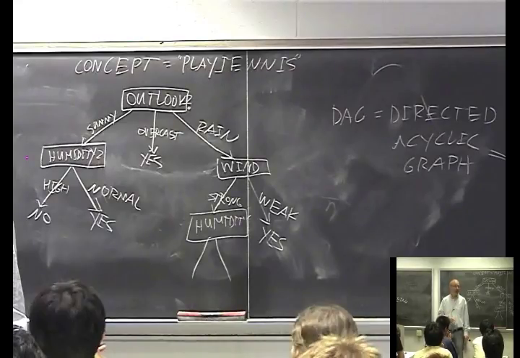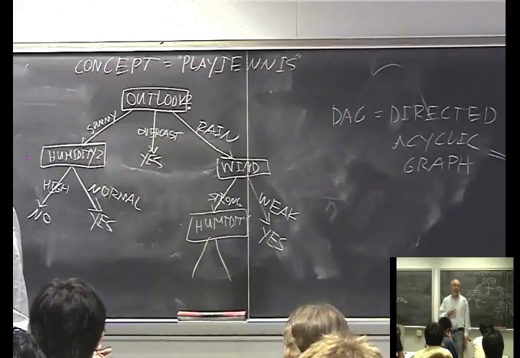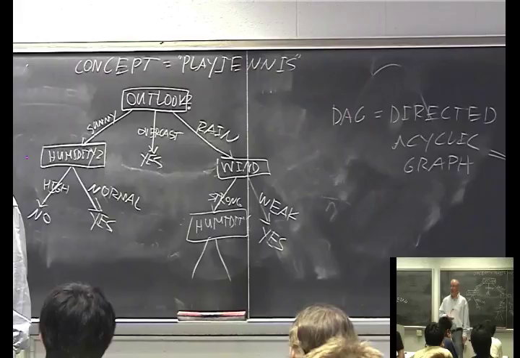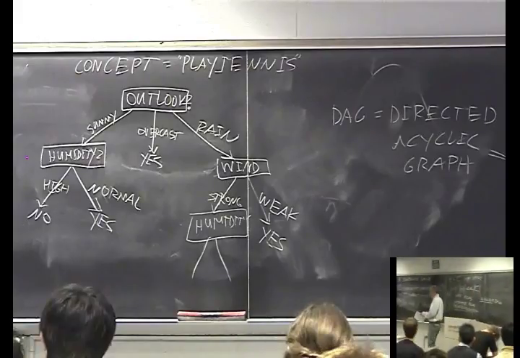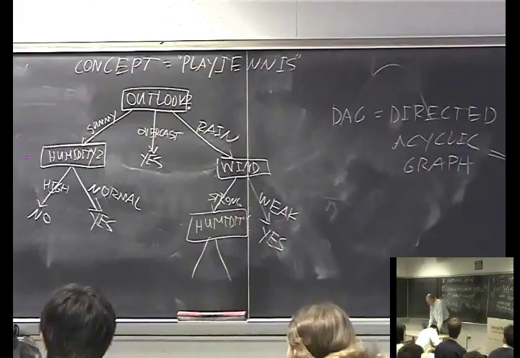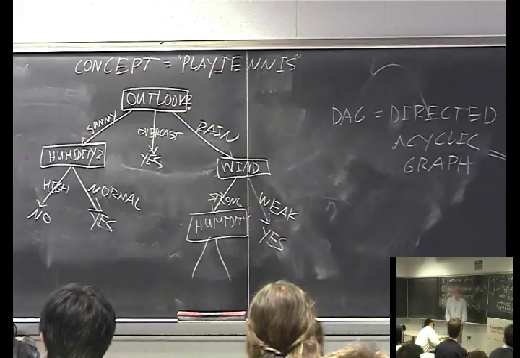So let's start with that. Let's just ask what kind of functions or what kind of concepts can be represented by decision trees. Let's start with the simplest ones. Can you represent a disjunction of two variables?